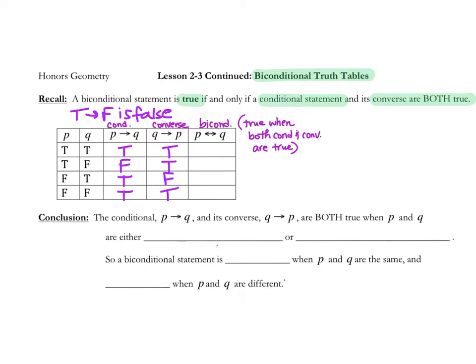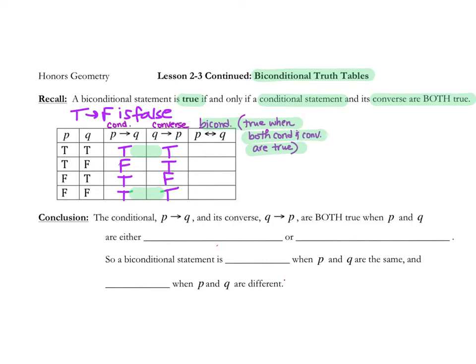Now again, a biconditional is only true when both the conditional and the converse are true. So where is that happening? That's happening in the first row here, and that's happening in the last row there.